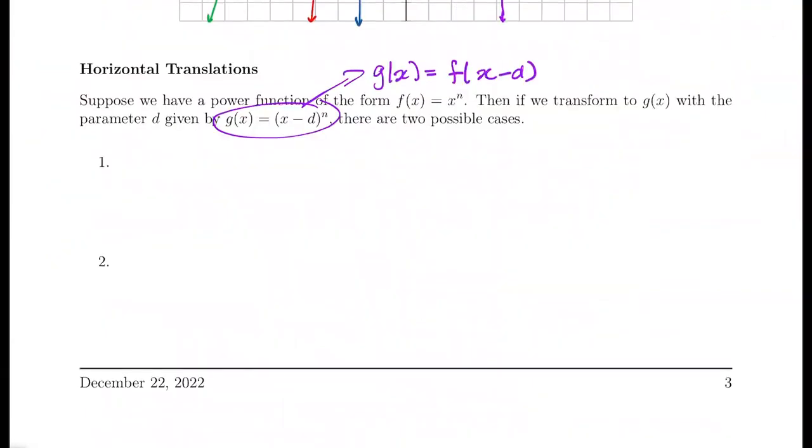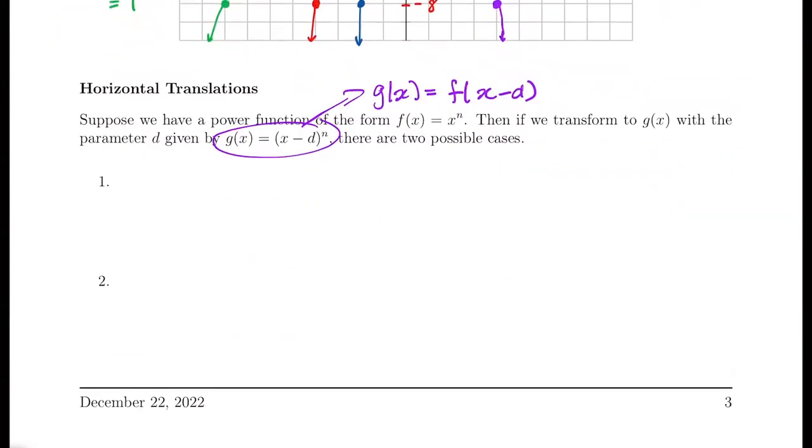Then with the horizontal translations, there's just two possibilities or two cases. So let's say if d is greater than 0, so we would have something of the form g of x is equal to x minus d to the n. Then we're going to translate to the right.